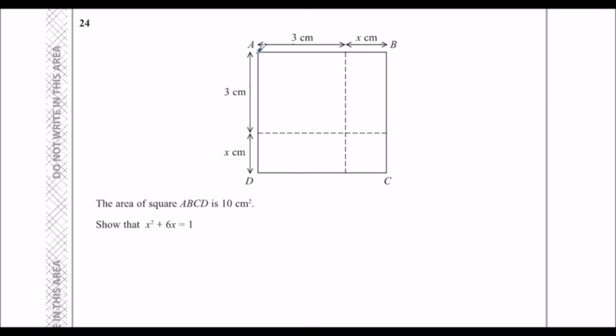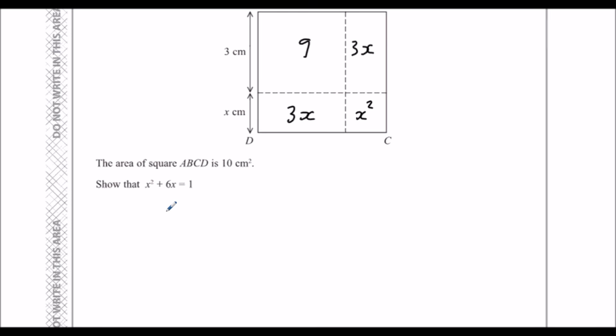So this 3 by 3 square, the area will be 9. 3 times x is 3x. 3 by x again, 3x. And the little square down here, x times x, is x squared. So the total area is x squared plus 3x plus 3x plus 9.